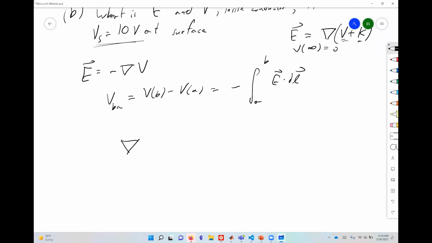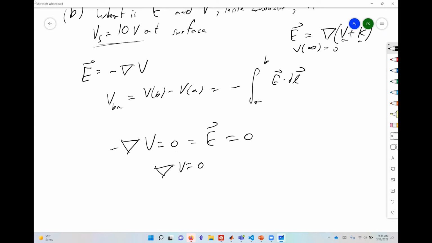Inside the conductor, grad V is 0. Why? Because E equals minus grad V, and E is 0, so grad V is 0, right? Grad is a differential operator. So the potential does not change inside the conductor at all.